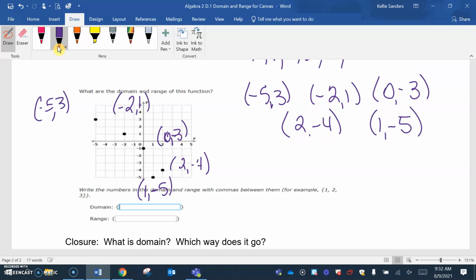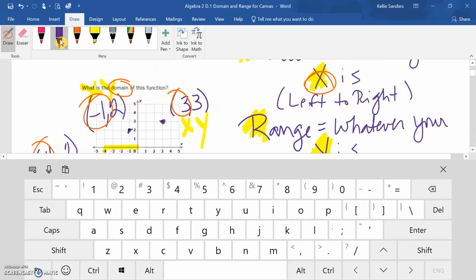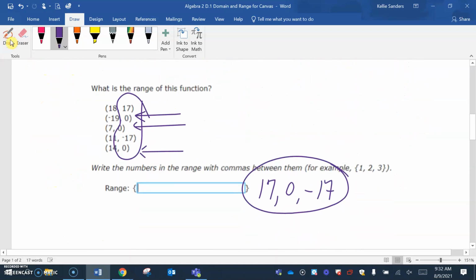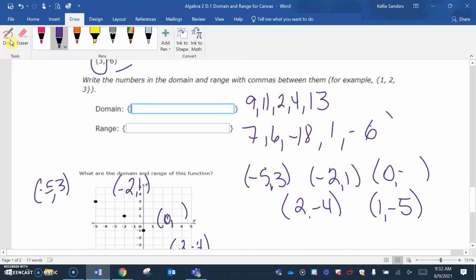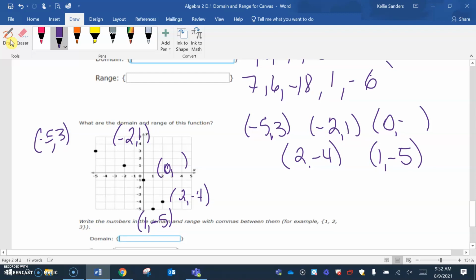I'll check myself real quick. Negative 5, 3, negative 2, 1, 0, negative. See? Okay. So 0. I don't know where that 3 came from. In my videos, this is going to happen quite a bit, and I don't know how to stop it, so you're just going to have to bear with me and wait for me to get back to where I was to begin with.